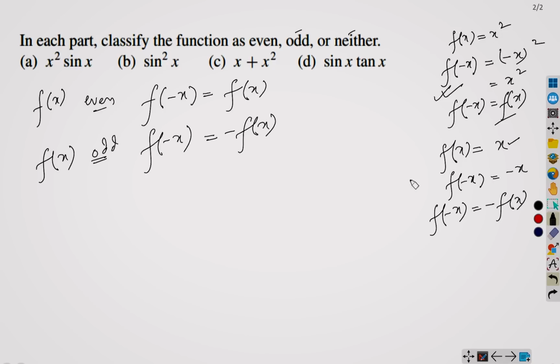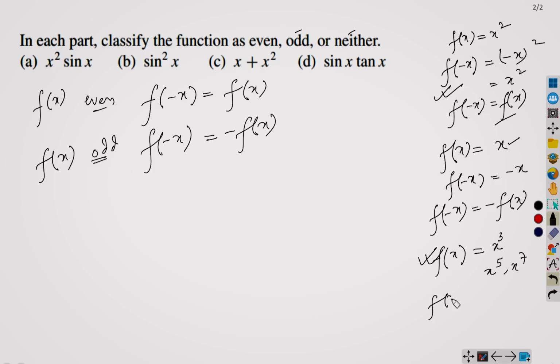Or else you can also prove it, or you can even try it at home, that any function of odd power, say x cubed or x^5 or x^7, these are all odd functions, okay? You can check it by yourself.